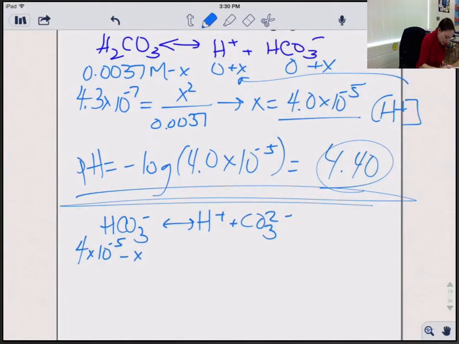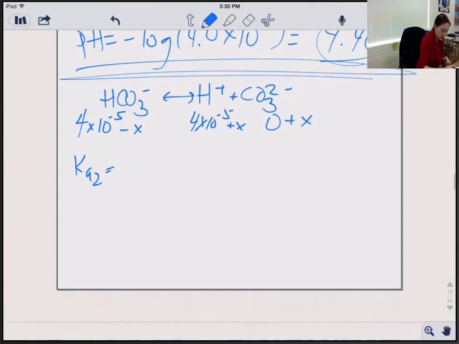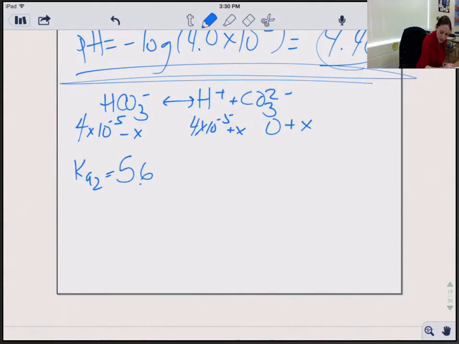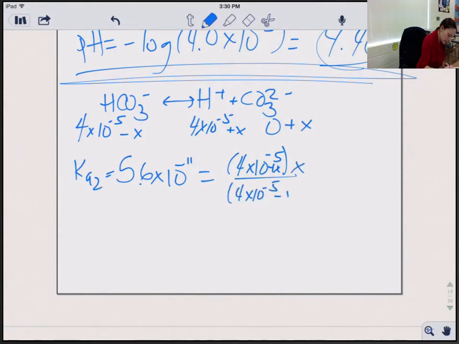I originally had 4 times 10 to the negative 5th of that, plus a little more, and none of that, plus a little more. The Ka2 for this is 5.6 times 10 to the negative 11th. I'm going to have 4 times 10 to the negative 5th plus x, times x, over 4 times 10 to the negative 5th minus x.